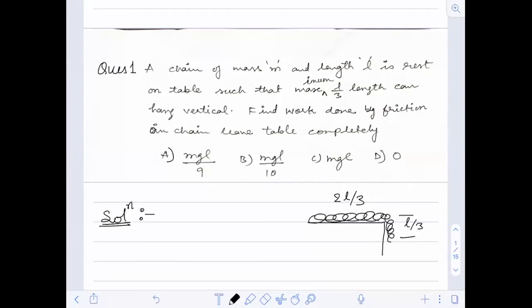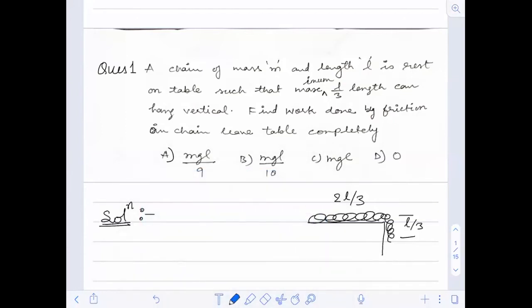See, in this, first you have to calculate the coefficient of friction value. You have to first calculate the coefficient of friction and then only you can proceed for this question. And how can you calculate it?